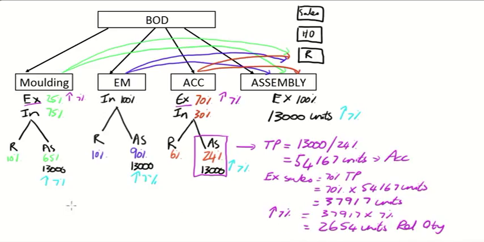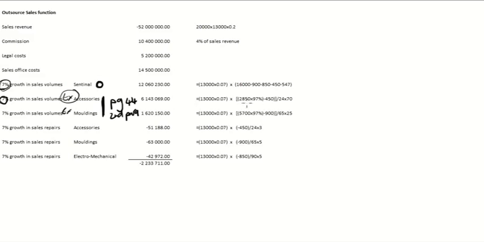Now the relevant benefit would be the contribution margin we get per unit we sell from the accessory department. So let's go back to our analysis, and that is what is calculated here. That's our selling price. We exclude selling expenses, that's what that 97% is.